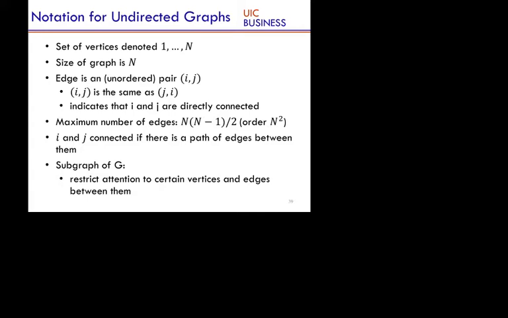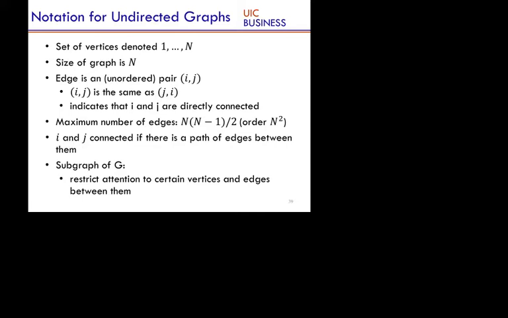To represent an edge, I'm going to use the pair of nodes that it connects. Okay. So if it's connecting node 3 and 4, then the edge is just indexed as 3, 4. And since the edges are undirected, this 3, 4 is not any different from 4, 3. It's the same thing. Okay.